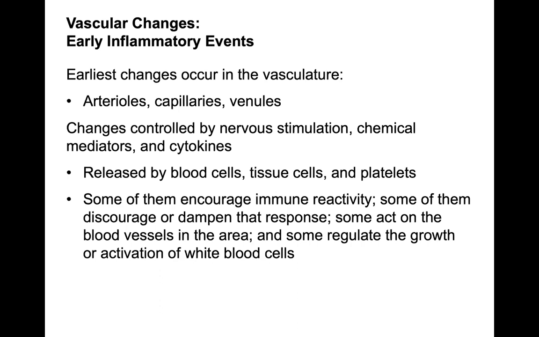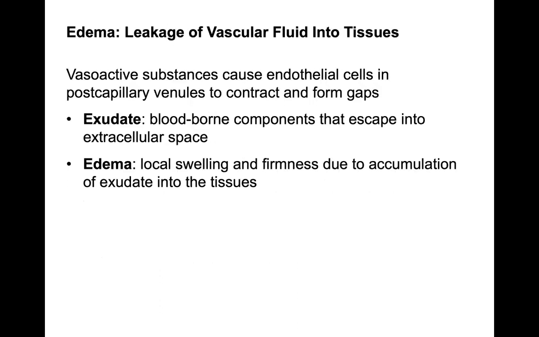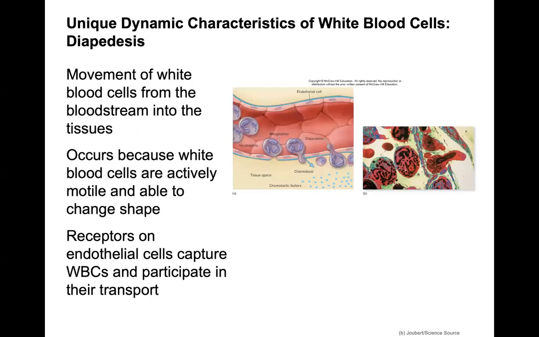Some act on the blood vessels in the area, and some regulate the growth or activation of white blood cells. Vasoactive substances cause the endothelial cells in the postcapillary venules to contract and form gaps. This will form exudate, which is blood-borne components that escape into the extracellular space, and edema, which is local swelling and firmness due to the accumulation of the exudate in the tissues.